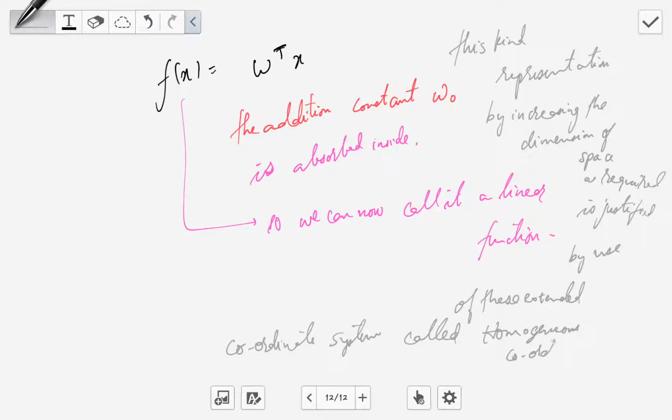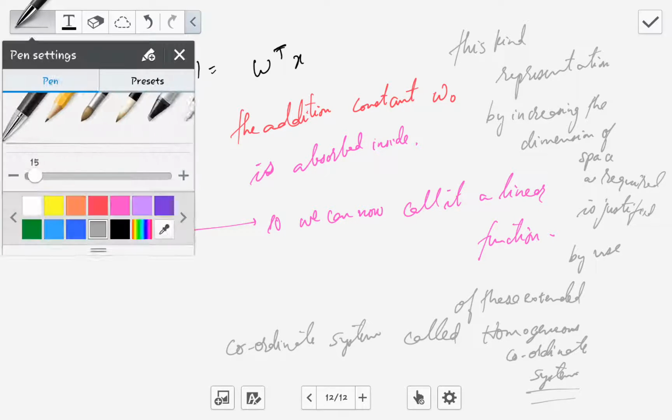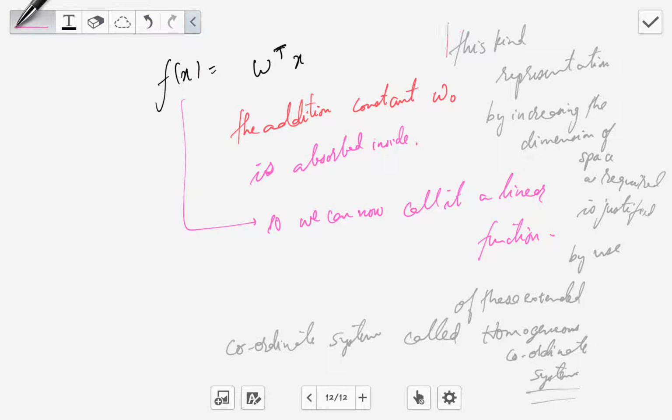This homogeneous coordinate system is used a lot in projective geometry, and in computer vision. Okay, that is fine.